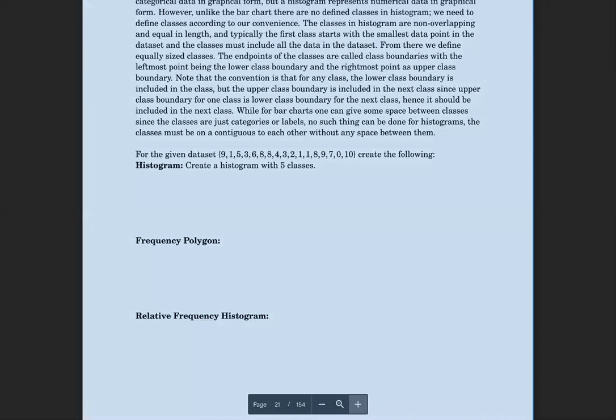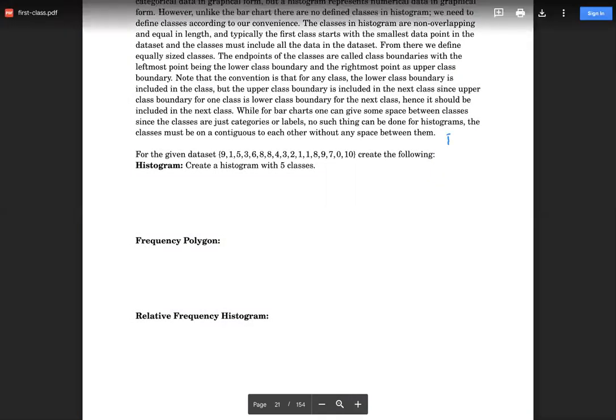Bar chart was for categorical data. However, sorry, I meant to say not numerical, I meant to say nominal.